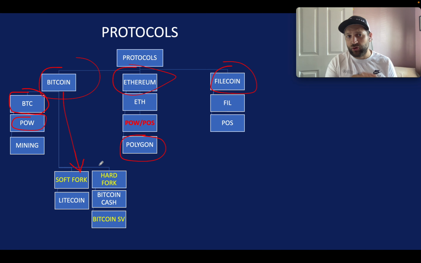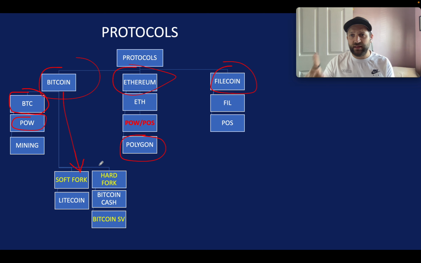And then you've got a hard fork, which is basically where, for Bitcoin Cash, for example, they didn't agree with Bitcoin when we were in the block wars in 2017. There's a book on that. So what Bitcoin Cash decided to do, they didn't like that Bitcoin was 1 megabyte block size.